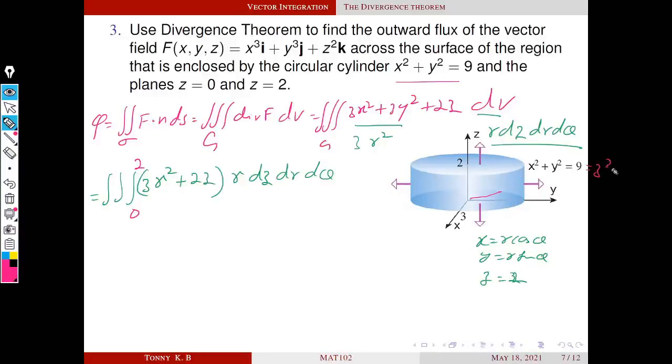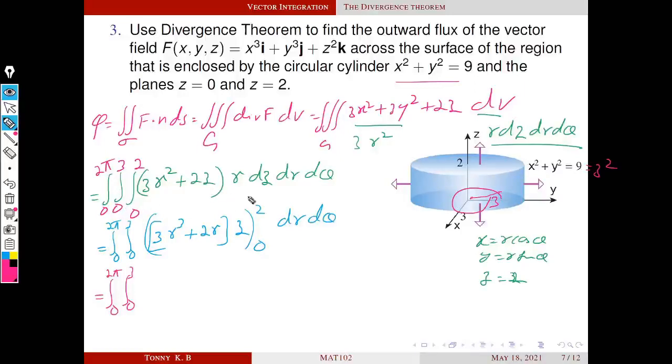That is 3 square, so this radius is 3. So r should vary from 0 to 3. And again, to cover this entire solid, theta should vary from 0 to 2 pi. So this is the full setup of this integral in cylindrical coordinates.